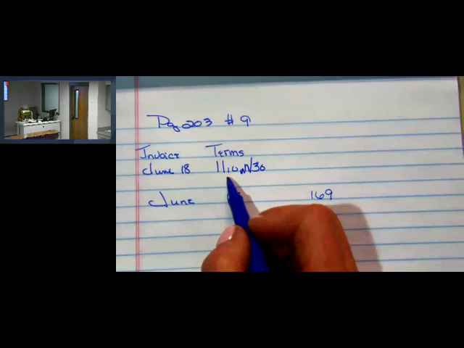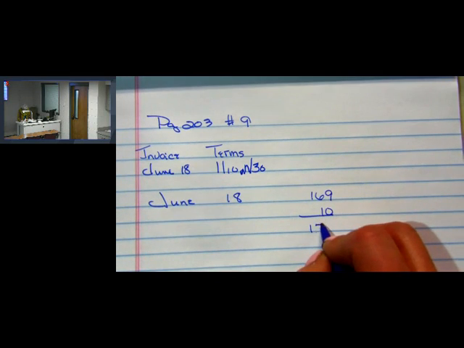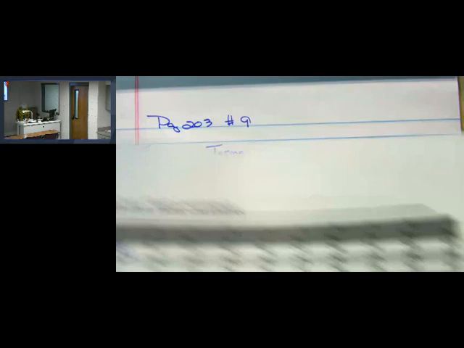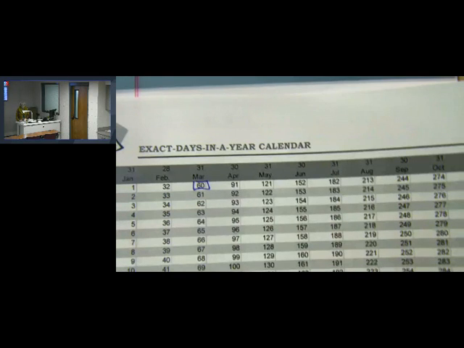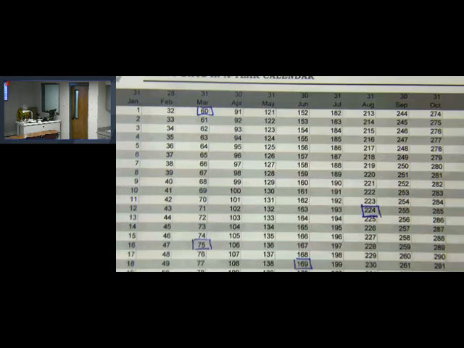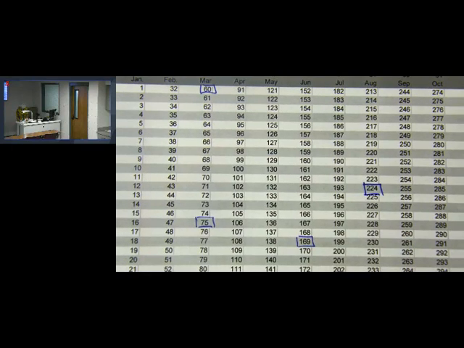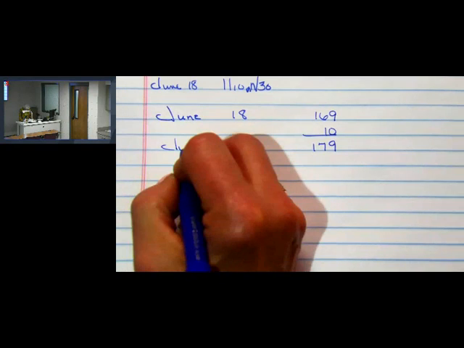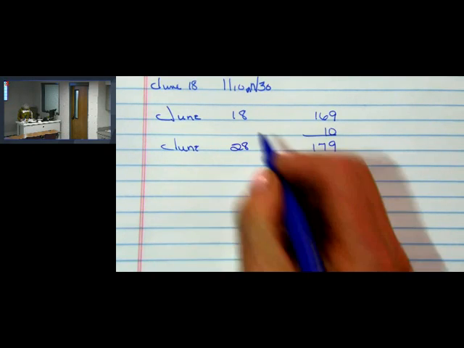The discount period is going to be 10 days later, so that's going to be day 179. And that should be the 28th, right? Oh, good, it is. Day 179 is June 28th. So that's the end of my discount period, 10 days, June 28th.